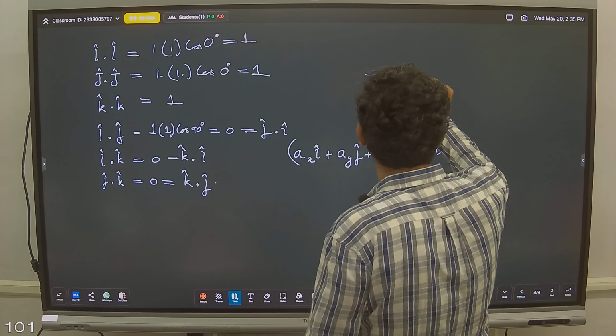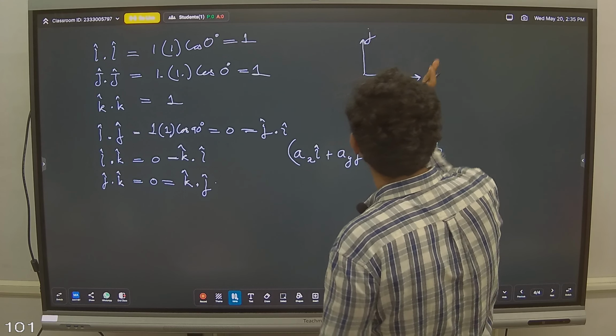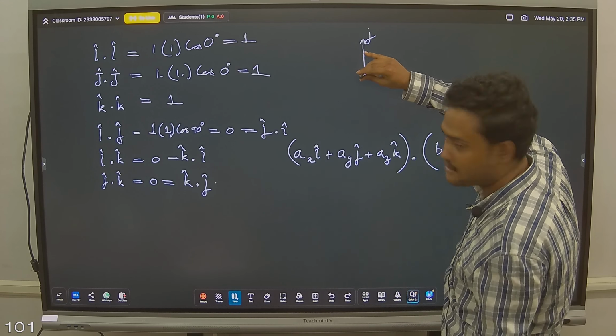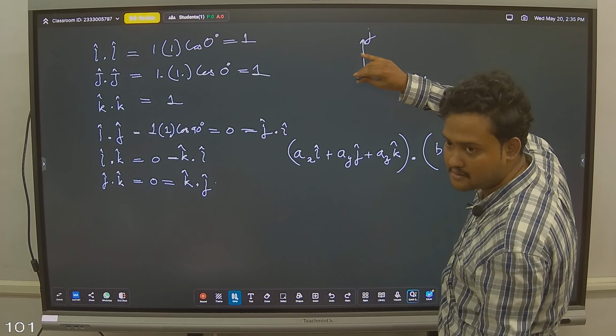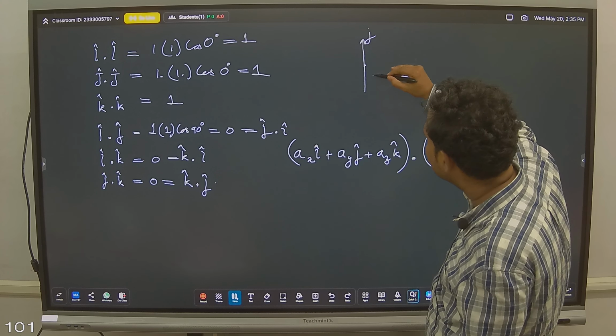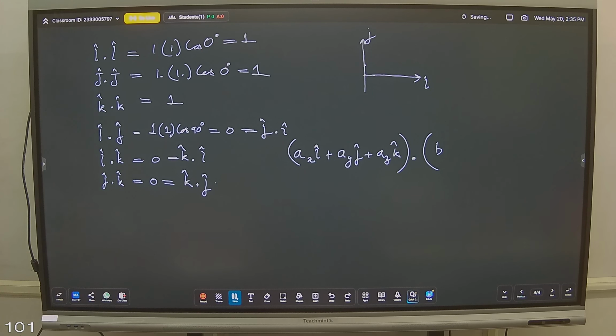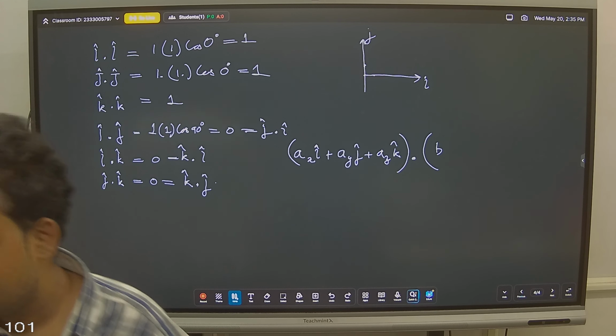So this is i, this is j, and this is k. They're all 90. Look at that corner. All the angles are 90, right? The corner has edges. The edges are x, y, and z.